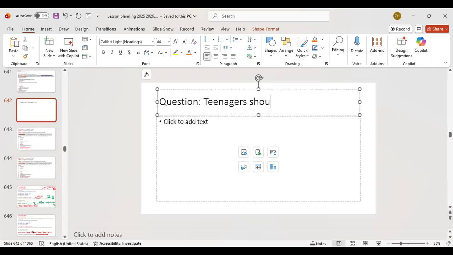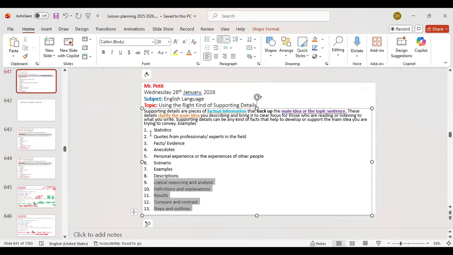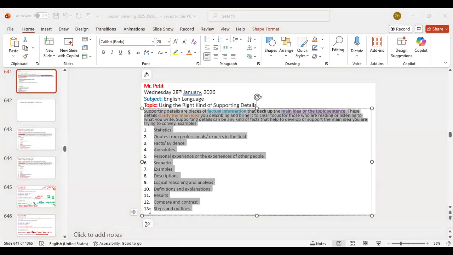Go back a slide so I can screenshot. I'm going to put it inside the chat as well so that persons who don't have it can write it down.